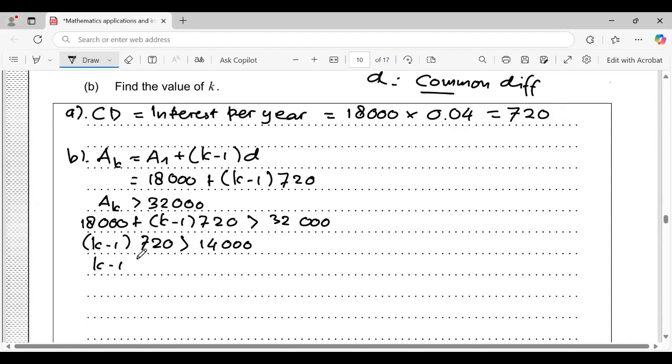And k minus 1 is greater than 14,000 divided by 720, which is 19.444 and so on.